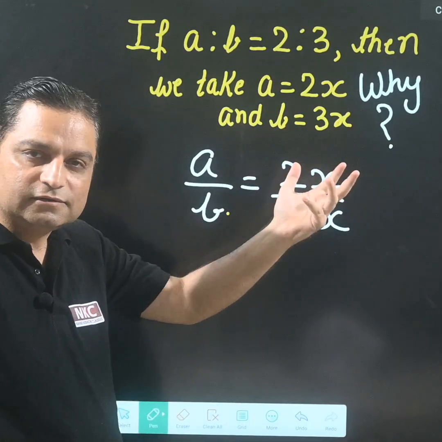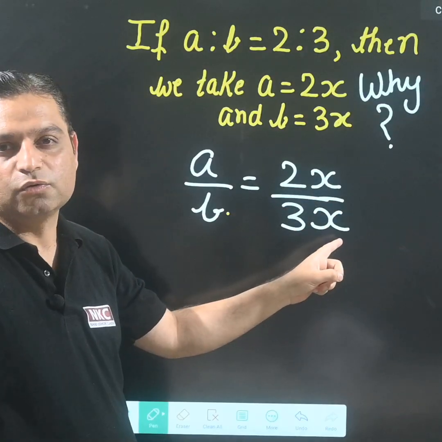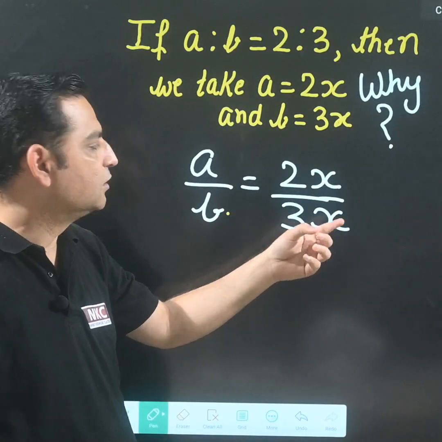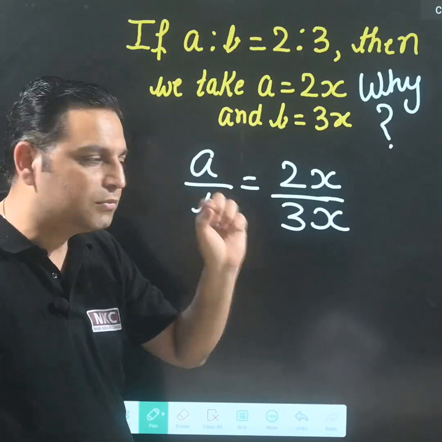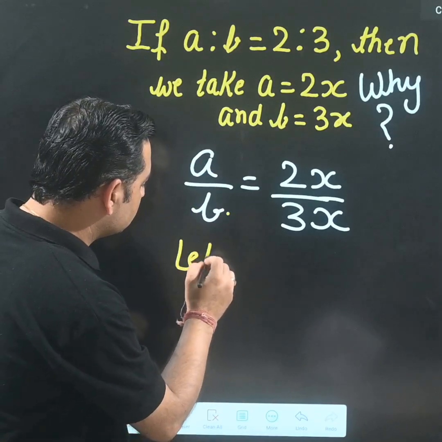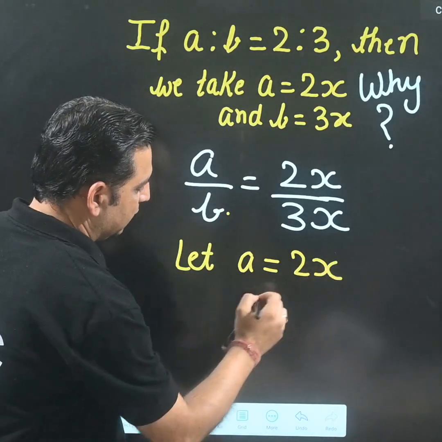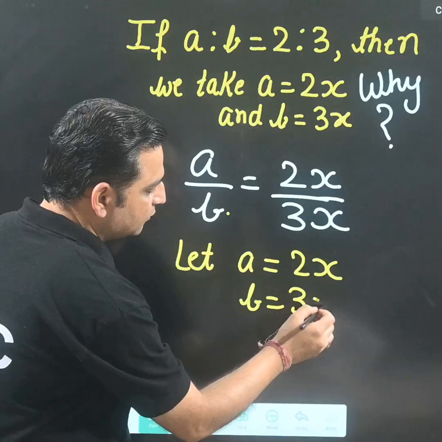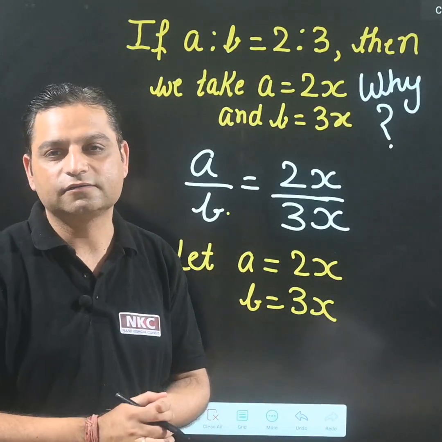There is something else as well. We don't know what that value is. Take x along with both of them. Ultimately x and x are cancelled and it will remain 2 over 3, the reduced form. But for the actual value, we consider A as 2x and B as 3x. This is the reason we take 2x and 3x.